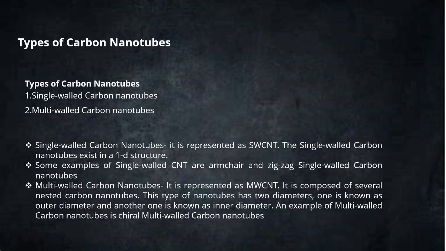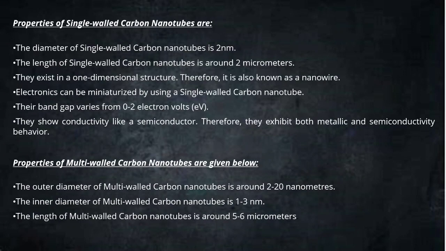Multi-walled carbon nanotubes are represented as MWCNT. They are composed of several nested carbon nanotubes. This type of nanotube has two diameters, known as the outer diameter and the inner diameter. An example of multi-walled carbon nanotubes is chiral multi-walled carbon nanotubes.